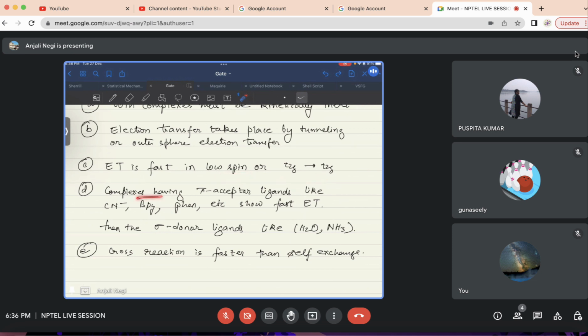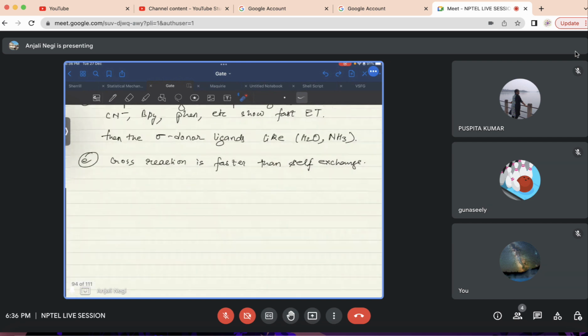And complexes having pi acceptor ligands like CN negative show fast electron transfer in comparison to the sigma donor ones. Okay, now a cross reaction is faster than self exchange, so this you can look into.